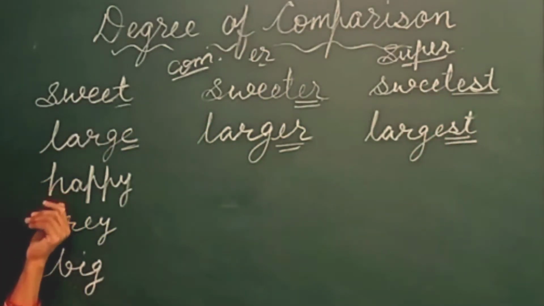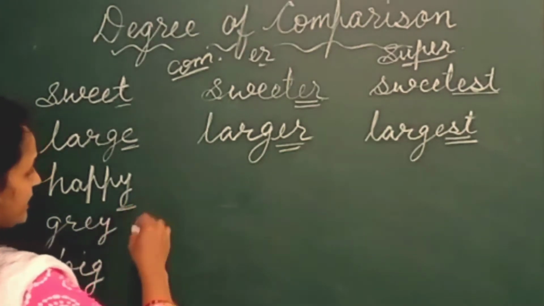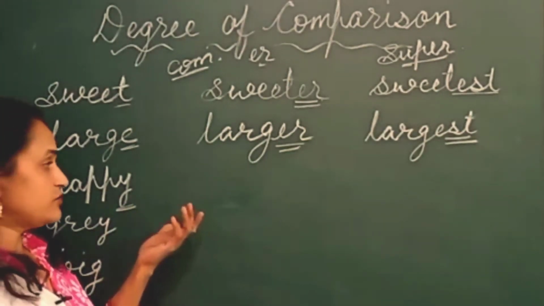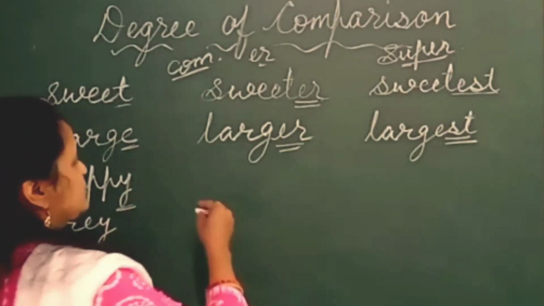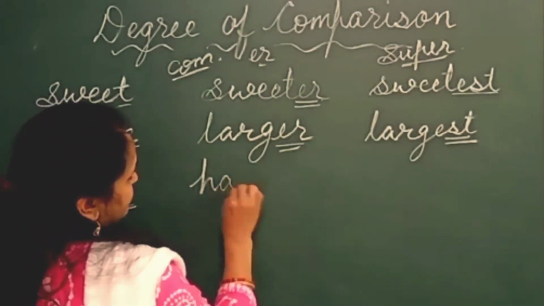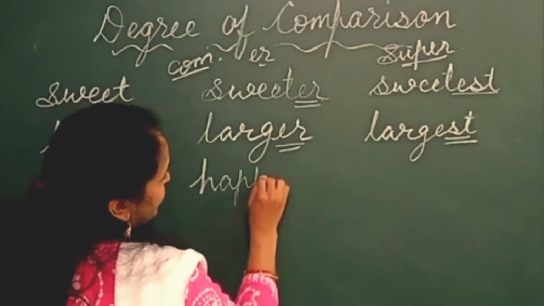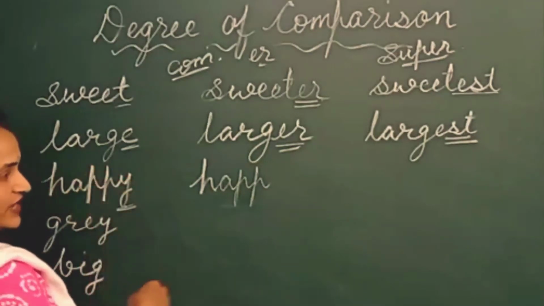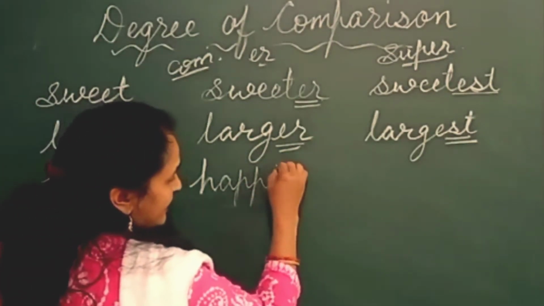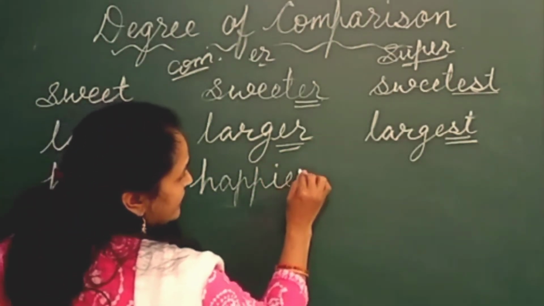When an adjective ends with y, as you know how to change any word when it ends with y. So again, to make its comparative degree, we will omit this y and use i in place of y and then er.